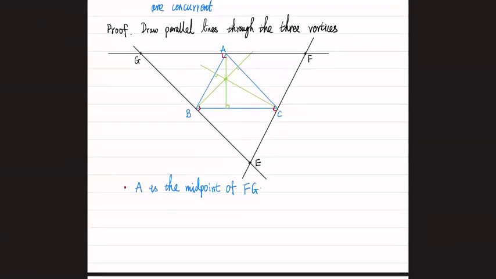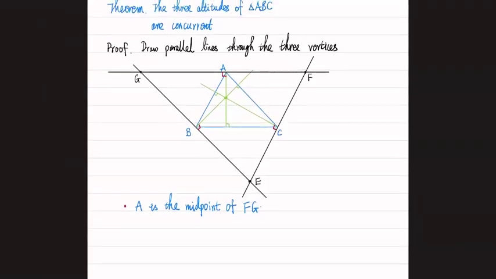Okay, that also works. I have so many points. I want to label these X, Y, Z. Okay, X, Y, Z. We also verified AX is perpendicular to FG.